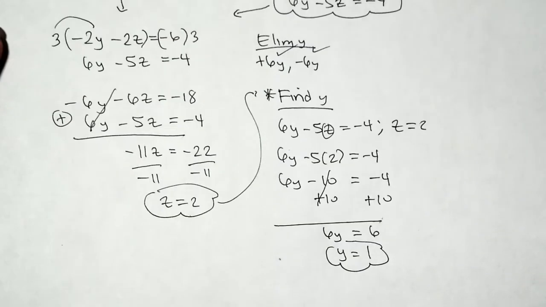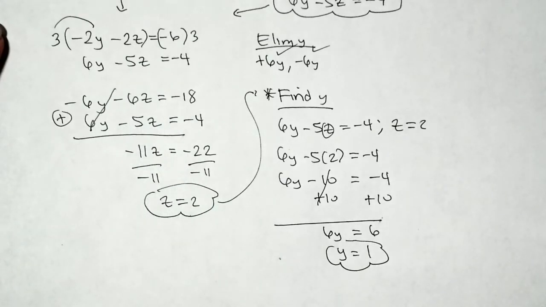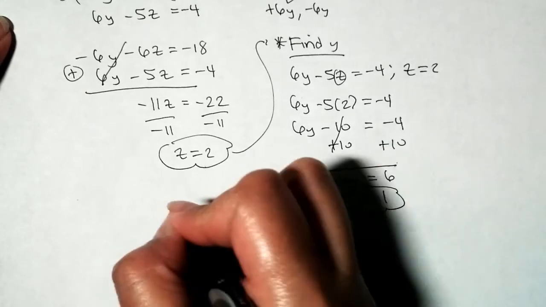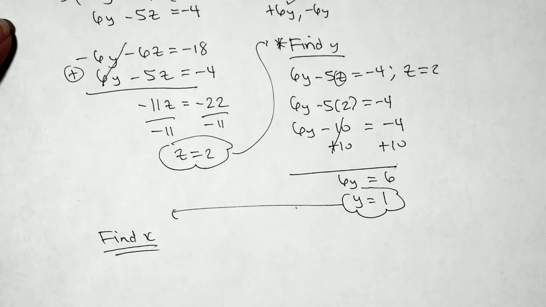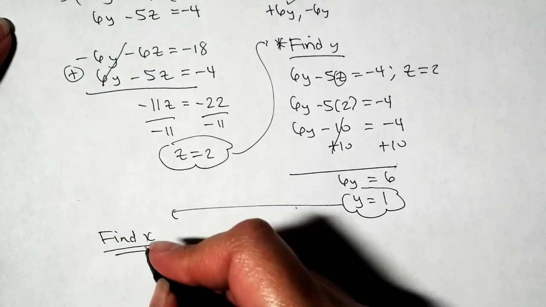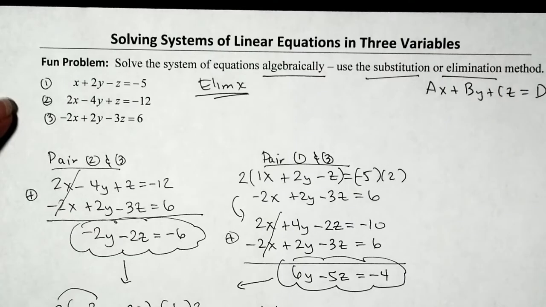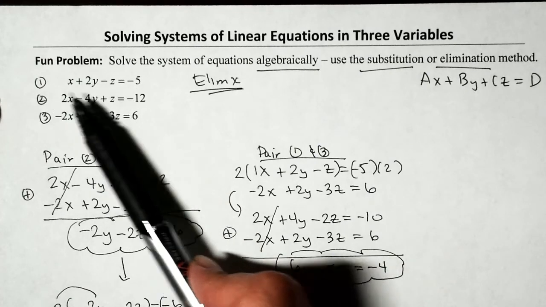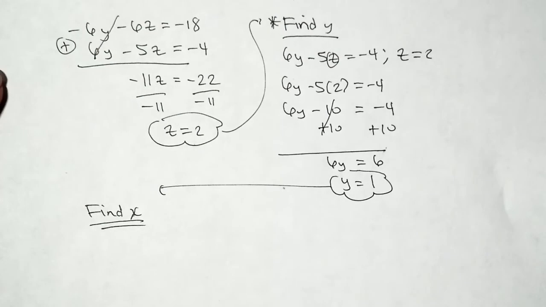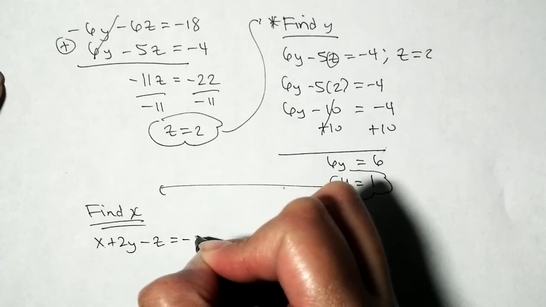Cool. We found the y, we found the z, so now we have the green light to find the third and final variable. Let's go ahead and speak to ourselves. So we're gonna find x. Okay, so to do that, you're gonna pick any equation that has the variable x. So let's go ahead and scroll back up. Which one scares me the least? Probably the top one, because the coefficients seem to be smaller. Okay, so that top equation reads x plus 2y minus z equals -5.